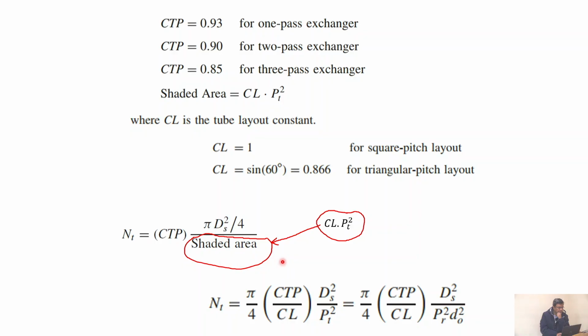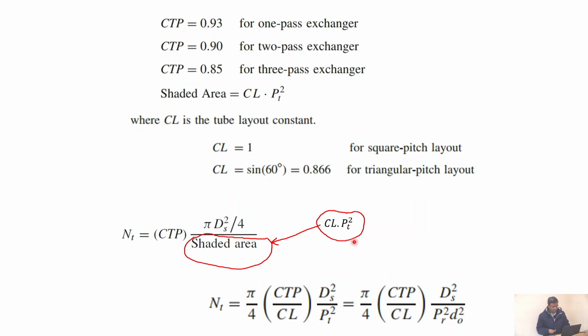So look at this again. For a square pitch layout, the shaded area is just PT squared. So what is shaded?